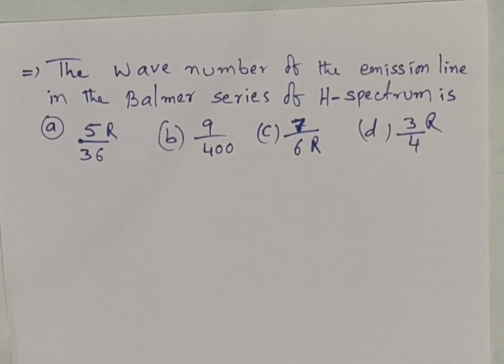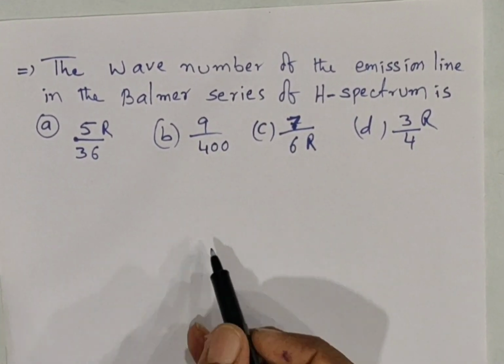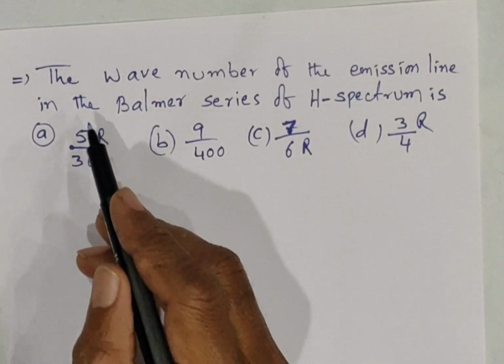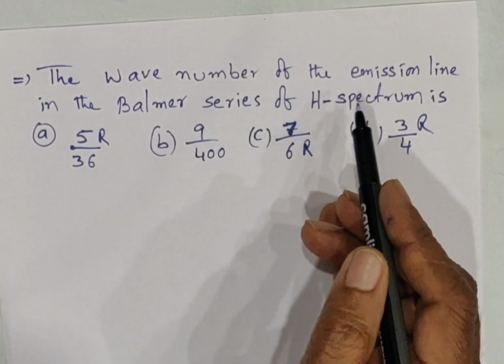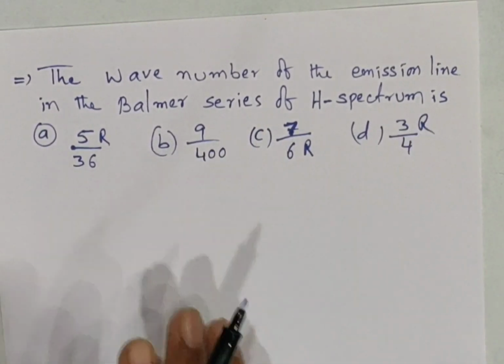Dear students, in the hydrogen spectrum, this model of problem was given in a previous examination: the wave number of the emission line in the Balmer series of the hydrogen spectrum is.